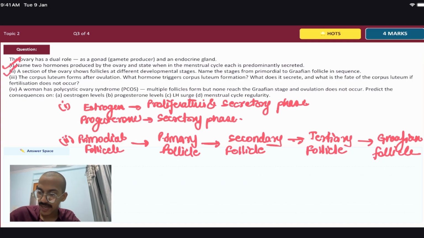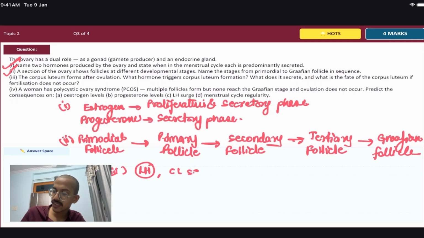Moving on to the next one. The corpus luteum forms after ovulation. What hormone triggers corpus luteum formation? The answer to this one is LH. What does it secrete, and what is the fate of the corpus luteum if fertilization does not occur?